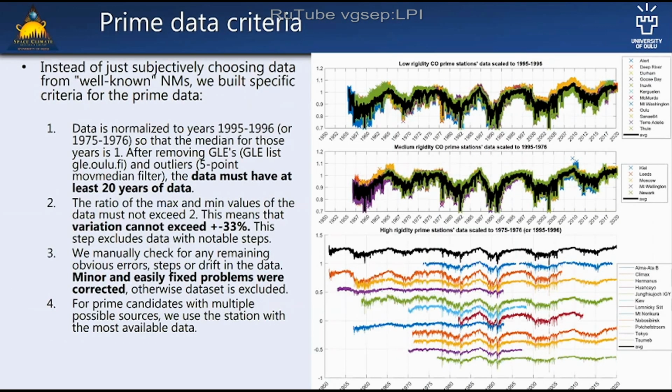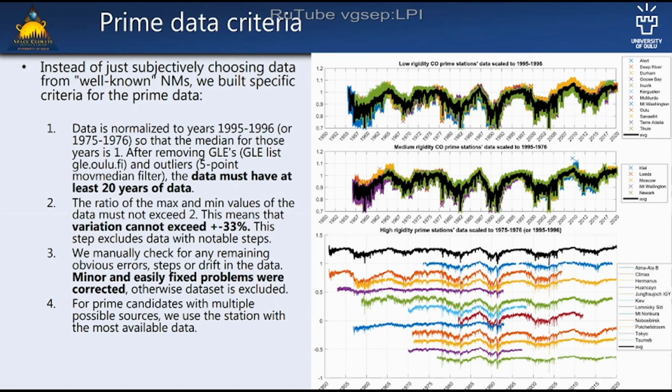For this, we used this kind of prime data criteria. So we took specific stations, which are more thoroughly explained in the publication: long-lived stations with stable data and no notable outliers or steps and no notable drifts and so forth.